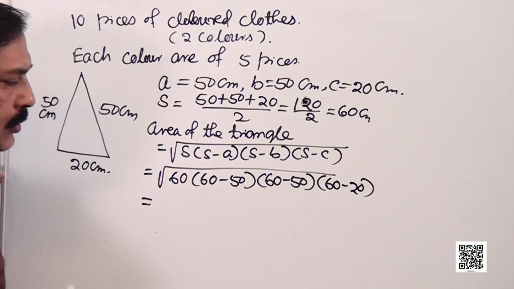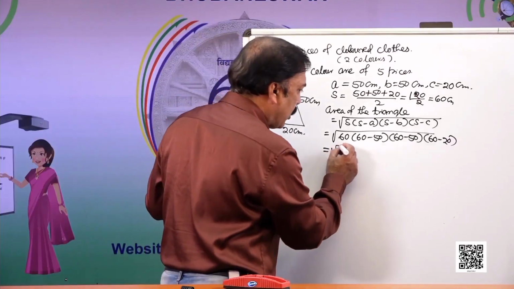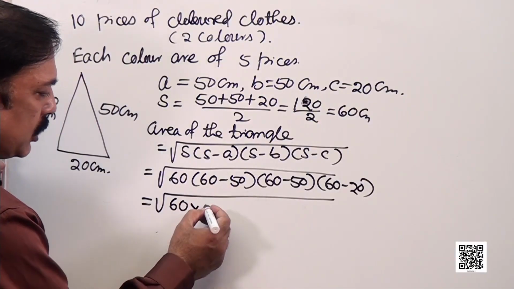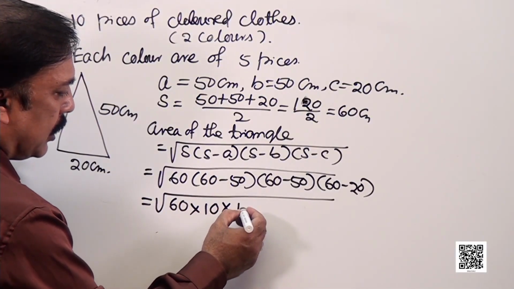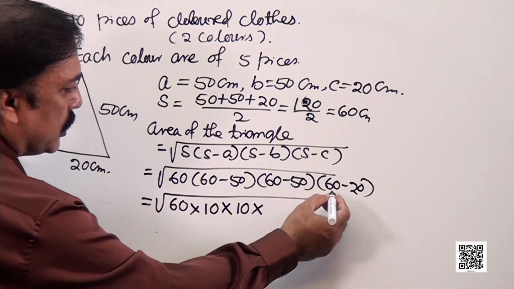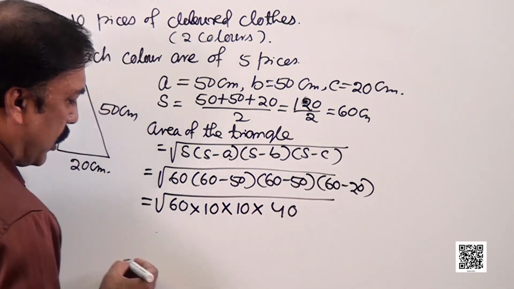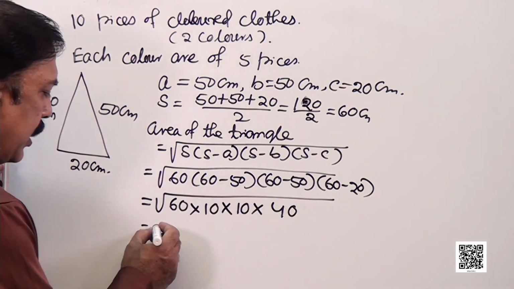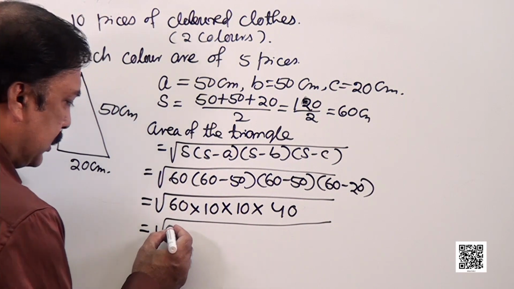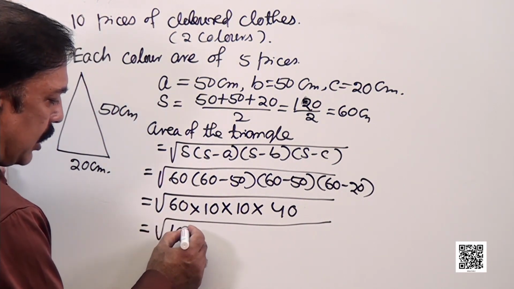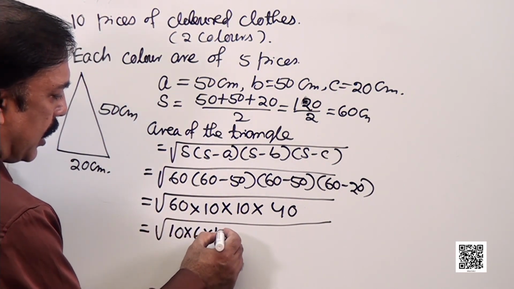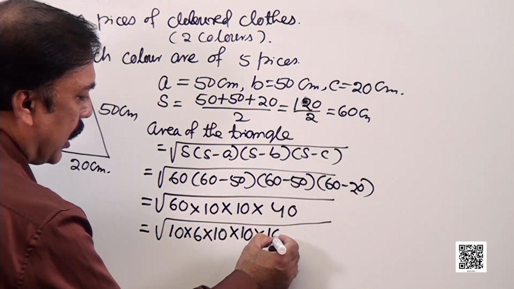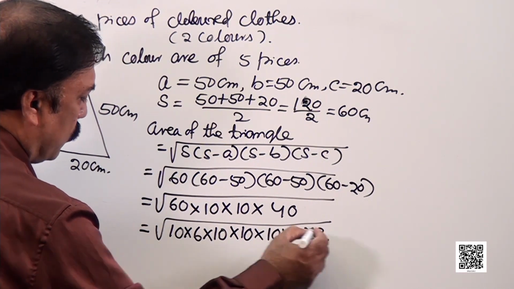So from this we get square root of 60 into 60 minus 50, that is 10, into 10 into 60 minus 20, that is 40. As we have multiples of 10 here, we can write 60 as 10 into 6, then 10 into 10, and 40 as 10 into 2 into 2.